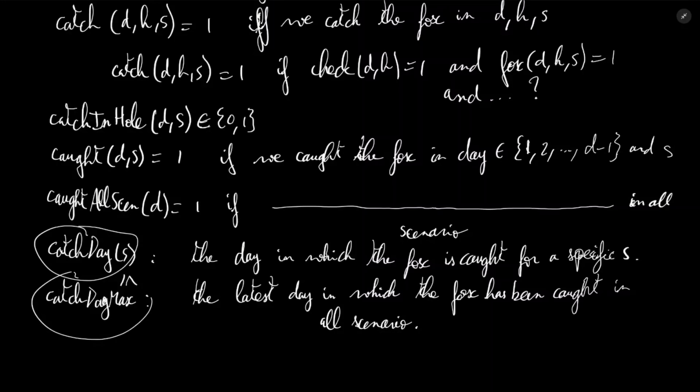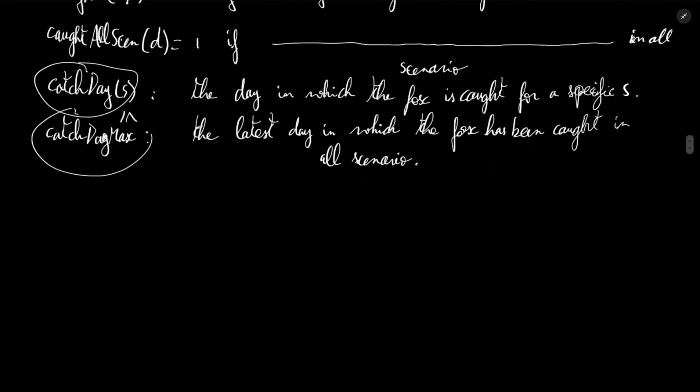Okay. So now let's define the equations of the problem. So maybe before we should directly say what we are trying to minimize. So again, for this optimization problem, we want to minimize the variable catch day max.